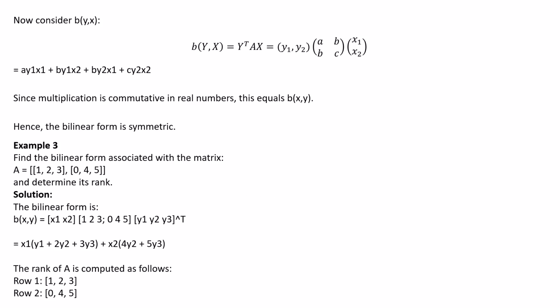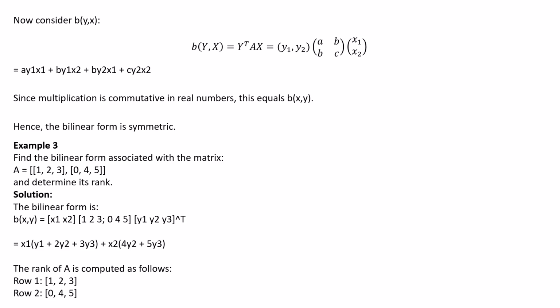Now we look at B of x, comma y. You want to find it the other way around, where you have B of y, comma x, and check whether the products are equal to each other, because we are talking about a symmetric form. So we have B of y, comma x. This time we are finding y transpose multiplied by Ax. You know your y is a column vector, so when you transpose it, you have it as a row.